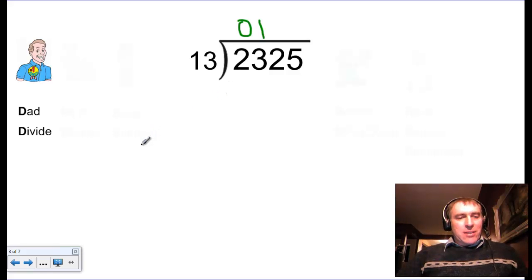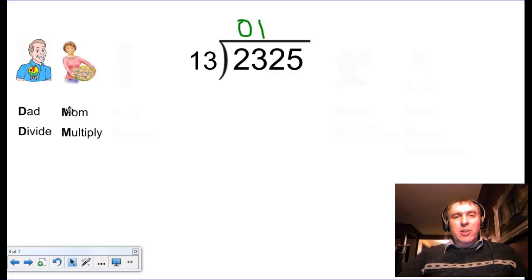And then we ask ourselves, what is the next step? Mom tells us to multiply. So what we do is we simply multiply 1 times 13, and that gives us 13. And our multiplication is done. The next thing we have to do is we look at our family, and it says Sister, subtract.